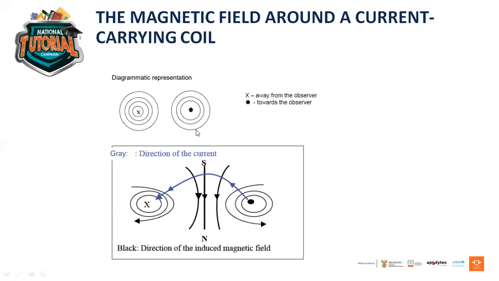Okay, so this will be the direction of the current and the direction of the induced magnetic field. So if it's going to go from here, this is your current carrying conductor going all the way to this side. So this will illustrate the direction of your magnetic field. So these are the black lines, and the direction of the current is this one that is illustrated as your blue line. Okay, don't worry, guys.